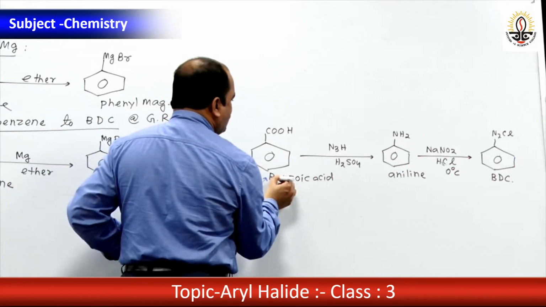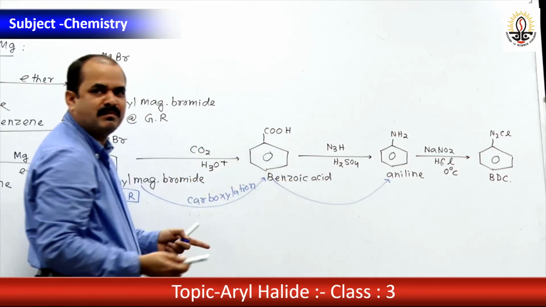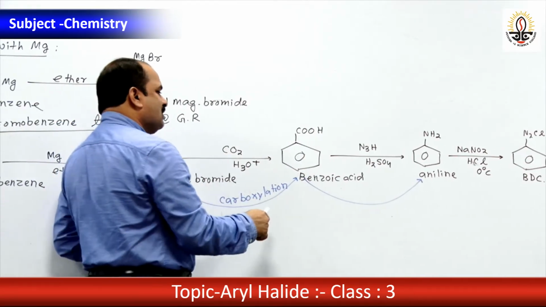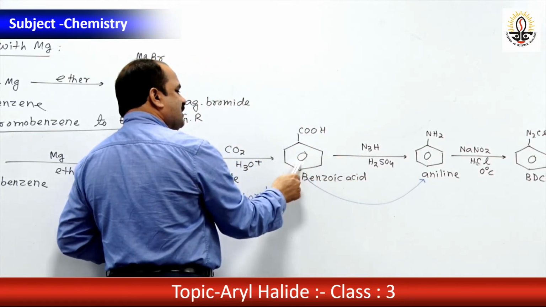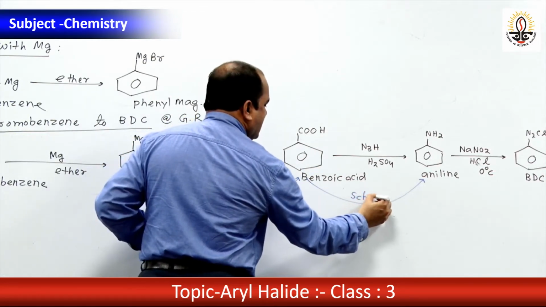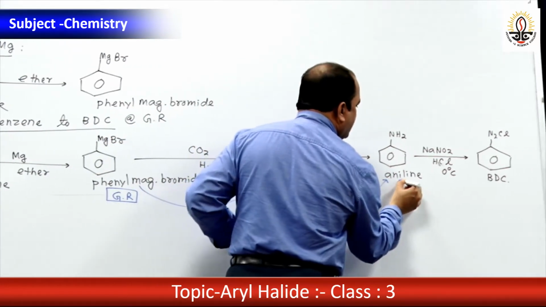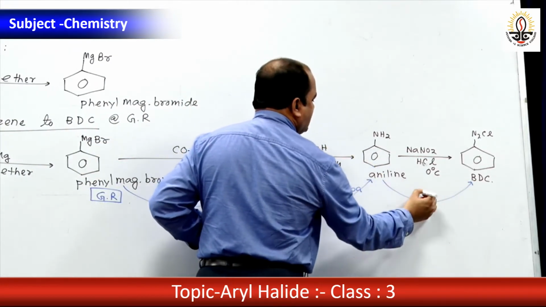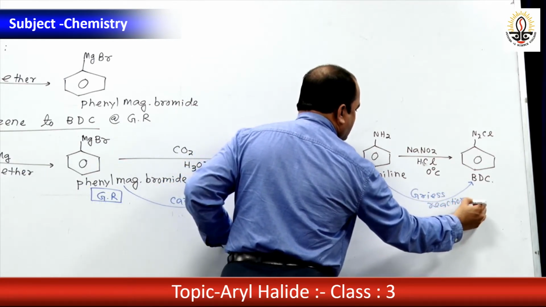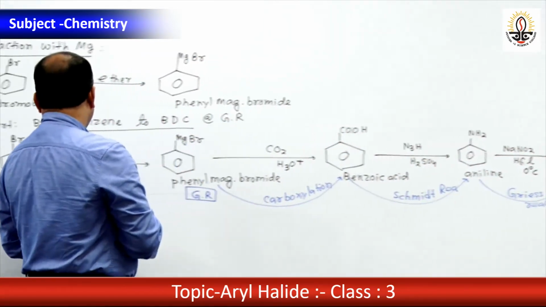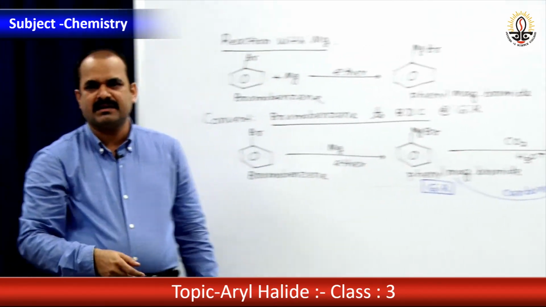Benzoic acid is converted to aniline; you can use the Hofmann bromamide reaction, but you can also use the Schmidt reaction. Here the Schmidt reaction converts benzoic acid to aniline. The conversion of aniline to BDC is known as Griess reaction, or diazotization. In this method, bromobenzene is converted to benzene diazonium chloride using Grignard reagent.